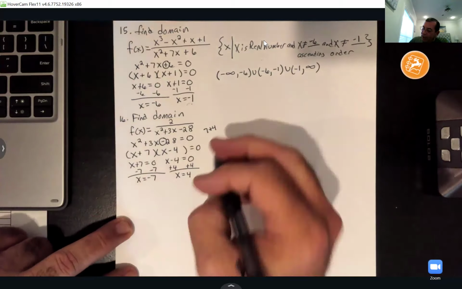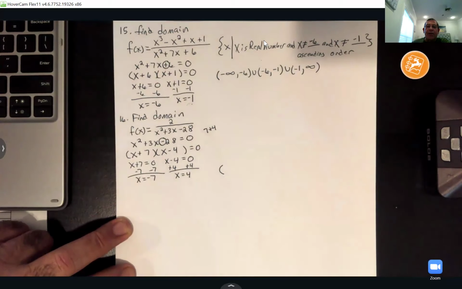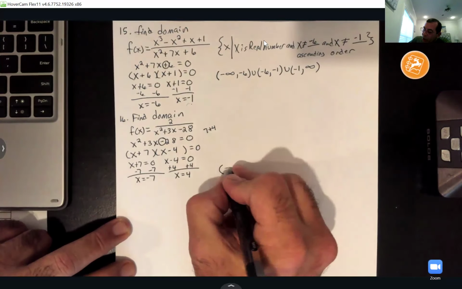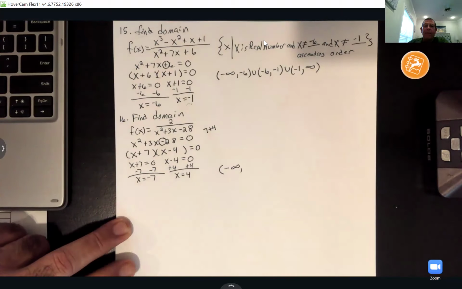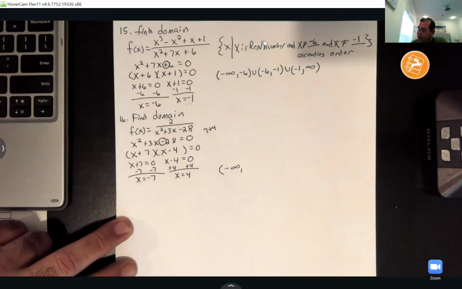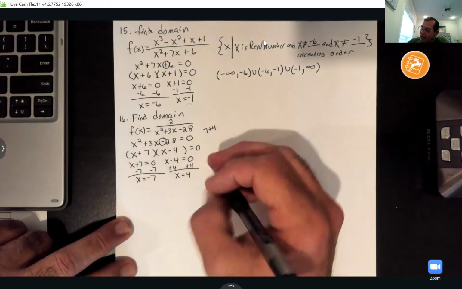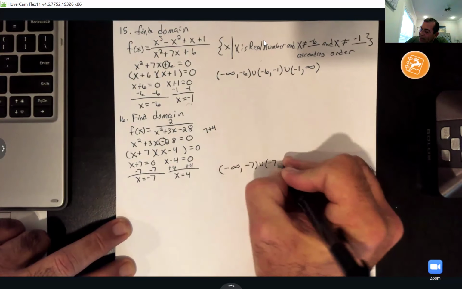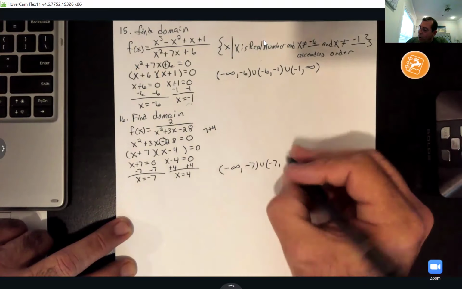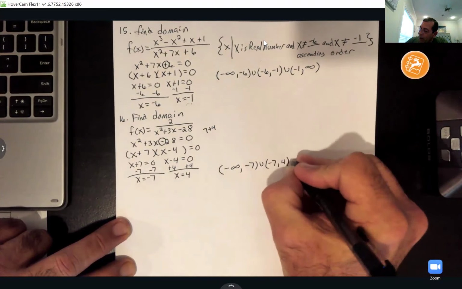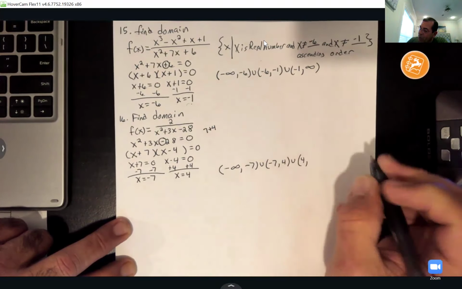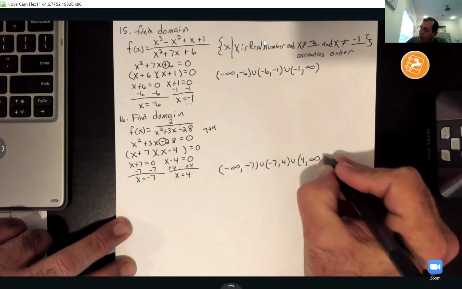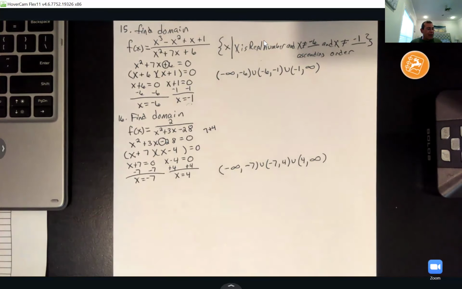So my domain, we just had to do this one in interval notation. So it's going to start at -infinity until I hit my first number, which will be that -7. Union around that -7 till we hit our 4. Then we'll union around that 4 till we hit our positive infinity.